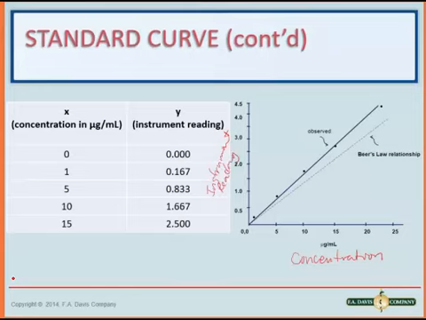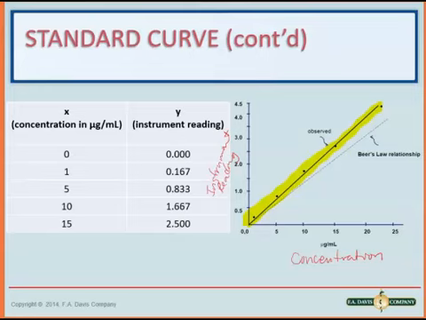And all along the observed line is your standard curve, the points along your standard curve. And the two columns in the chart give you your concentration and your instrument reading that are your points for your standard curve.